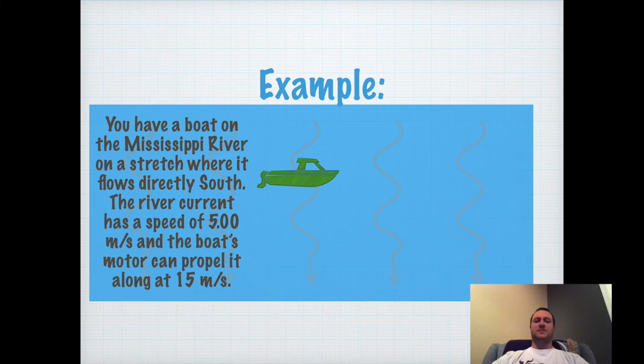The river current has a speed of 5 meters per second, so the velocity of the current is 5 meters per second south. The motor can propel you at 15 meters per second independent of direction. So whatever way the boat is pointed, the motor is going to be working to move the boat at 15 meters per second.